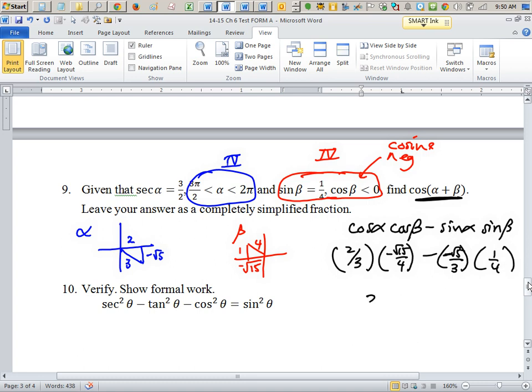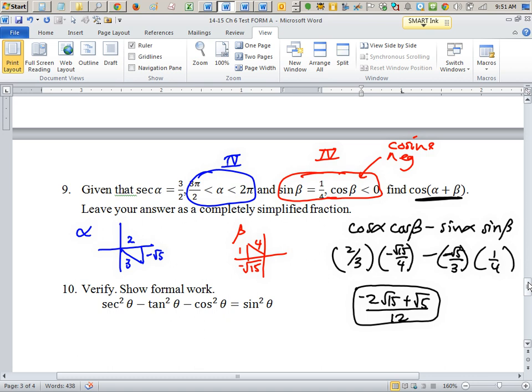So the answer is negative 2 root 15 plus root 5, all over 12. There's no root 15. It's a root 5. Yeah, there's a root 15. Never mind. Okay, let's go to the next one.